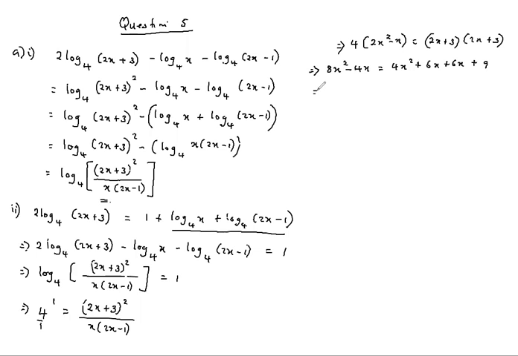When you expand on the right, we bring the 4x squared to the other side, we remain with 4x squared. That is positive 12x. We bring it on the left, we'll have minus 16x, and then negative 9 is equal to 0, which is a normal quadratic equation now.